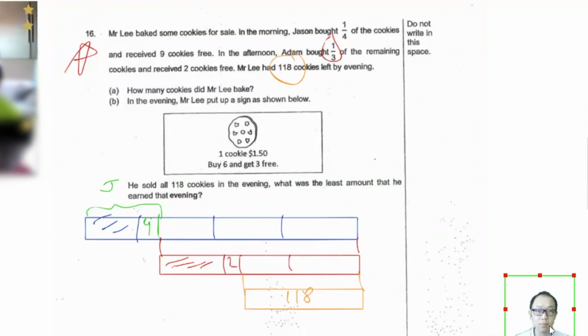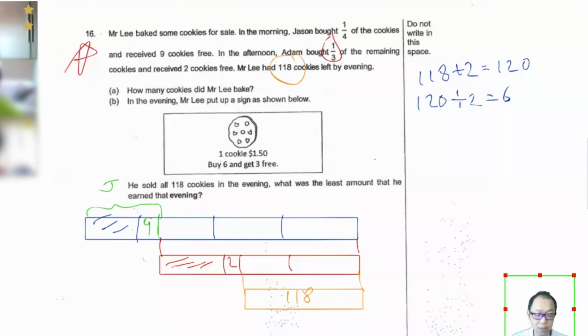So step 1: 118 plus 2 equals 120. 120 equals 2 red units. So I take 120 divided by 2 equals 60. It means one red unit is 60.